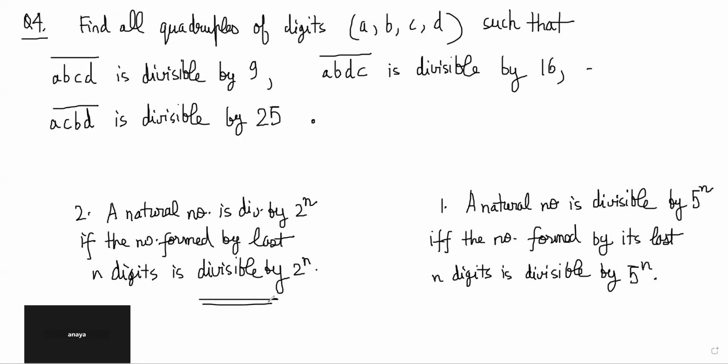So when you do 4, you have to check the last two digits. When you do 8, you have to check the last three digits should be divisible by 8. And when you do 16, for example, you have to check that the last four digits are divisible by 16. Both of these properties are very similar, and these two divisibility rules you must know. That will help you solve the problem. Otherwise, it will be annoying.